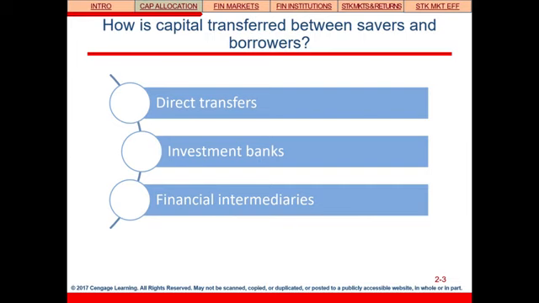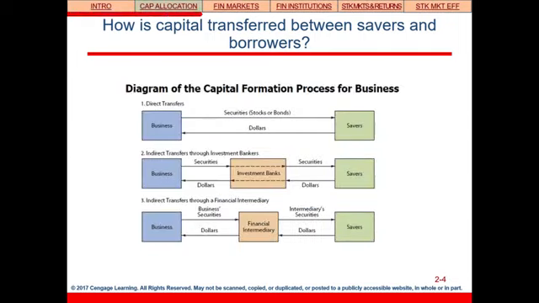Now let's have a look at them together. The first one is direct transfers. You see, usually business are the ones that we consider are in need of money. So this is the demand side, and the right-hand side are savers. These are the supply side. So securities come from business to savers. These can be stocks or bonds. Stocks are in forms of equity, bonds are in forms of liability.